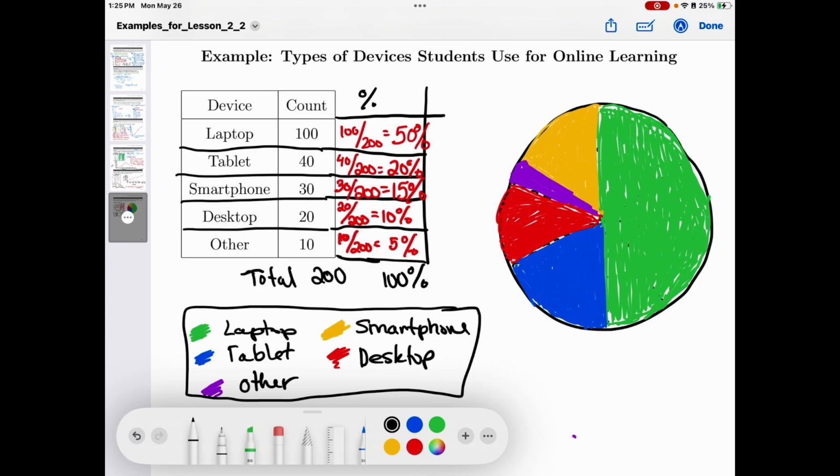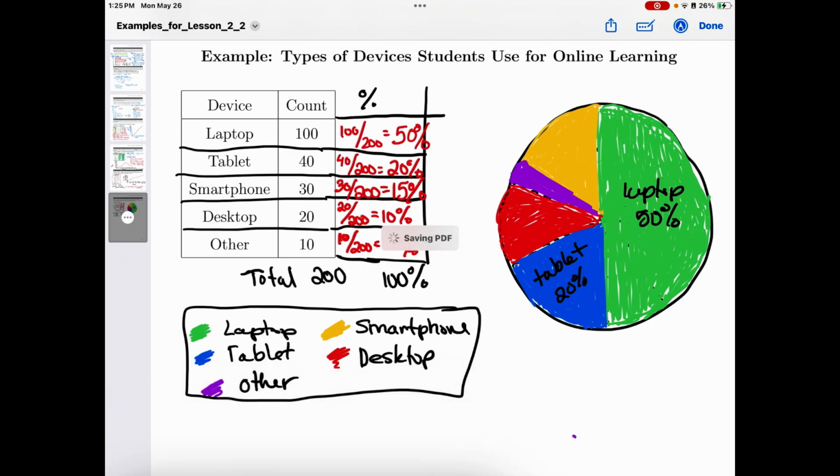Now, when we're looking at this pie chart, we can easily see how the categories are broken up. And like I said before, you can actually write it on the chart as well. If there's room, I could write laptop 50%. I could put tablet.